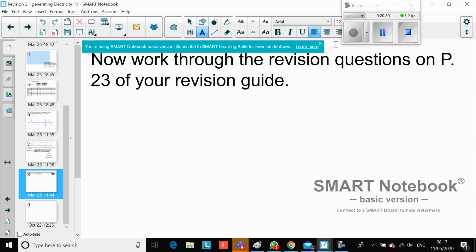Now, if you want, you can use page 23 of the Purple Revision Guide to help you answer the questions. If you can answer those questions, then you're probably in quite a good place for the test next week. So I'll post that up here in a moment. Okay, maybe try and do as many as you can. This is just for yourself. Essentially, it's about you being comfortable with what you understand already about this topic.